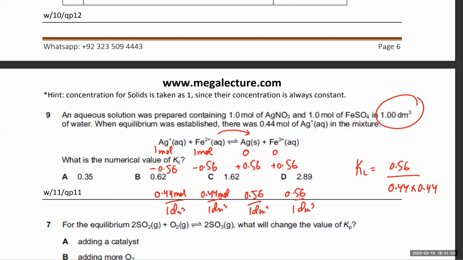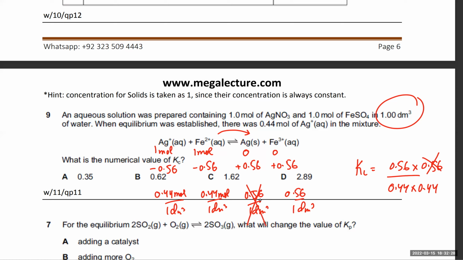Okay, I wrote 0.56 only once. You said it's 0.56 into 0.56, right? I'm saying you don't need this other 0.56. Why don't you need it? Look at its state. What is the state of this thing? Oh, solid. Okay, what did I tell you about solids? Its concentration is going to be taken as 1, not 0. Yes, 1. This term, concentration for a solid, does not make any sense.